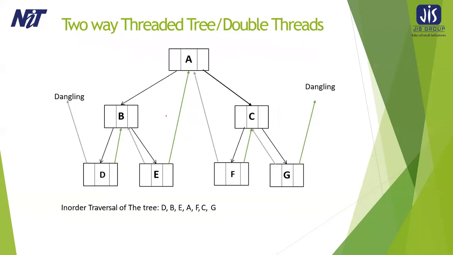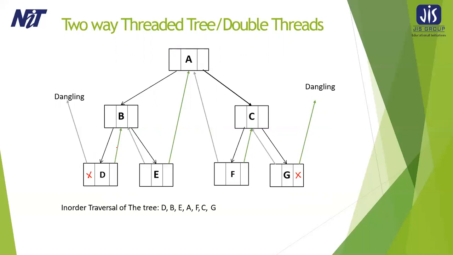So now come to the example. So look at this, no null pointers are there except this one and this one. These two are called dangling. So these two null pointers remain there, otherwise all 9 null pointers are replaced by some threads.